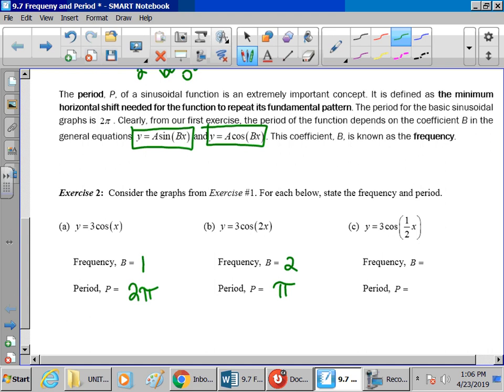And the next one was b equal to 1/2, and the period was equal to 4 pi, because we only showed half of it between 0 and 2 pi, which means between 0 and 4 pi, we would get an entire cosine curve.